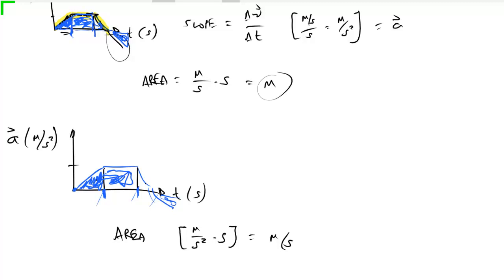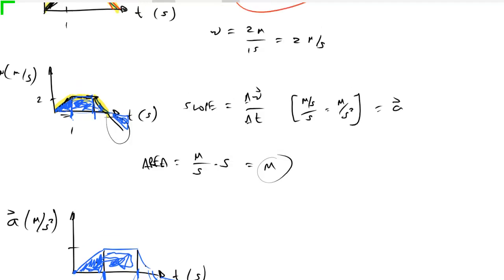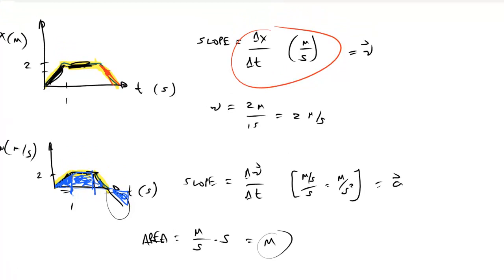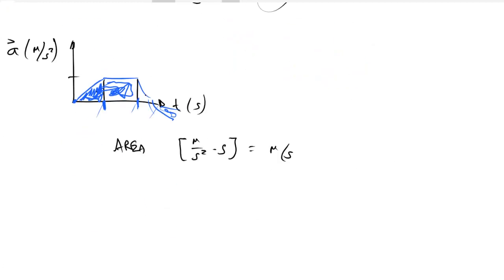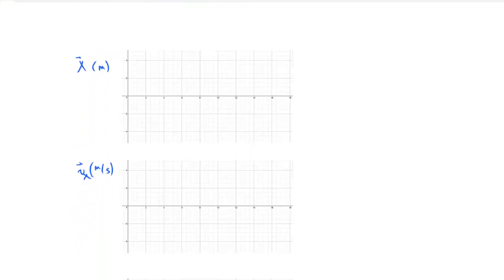Let's say in the velocity versus time graph, this went up to 2 meters per second over 1 second. Very similar to how we did this in the position versus time graph, we would have had an acceleration of 2 meters per second squared right there. So we can get quantitative values, but let's just do some qualitative graphs here.